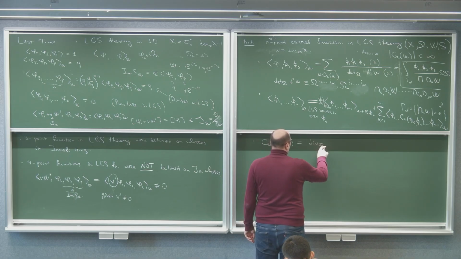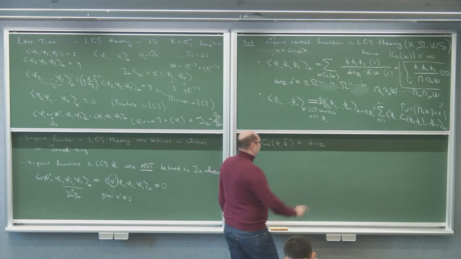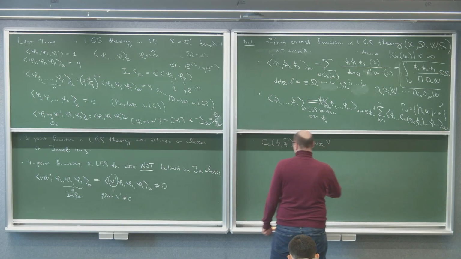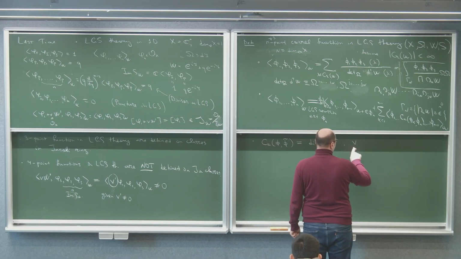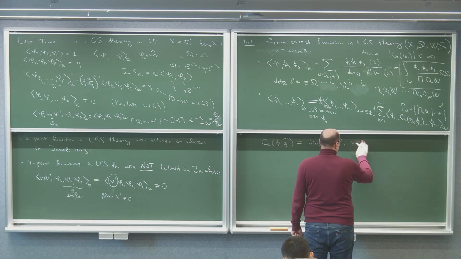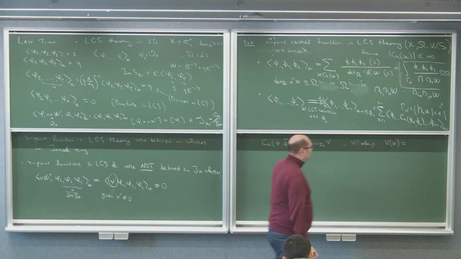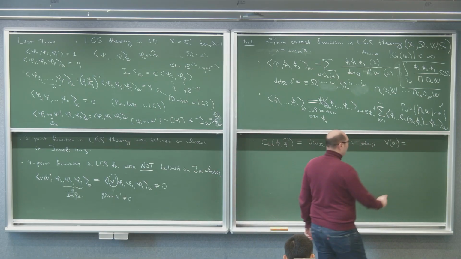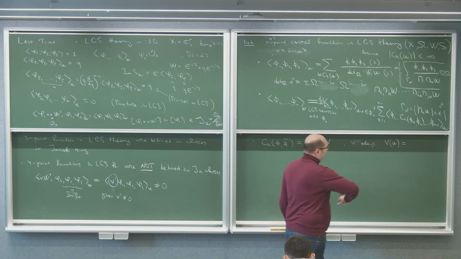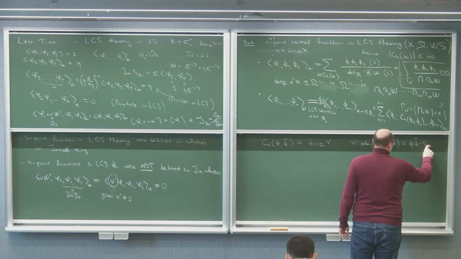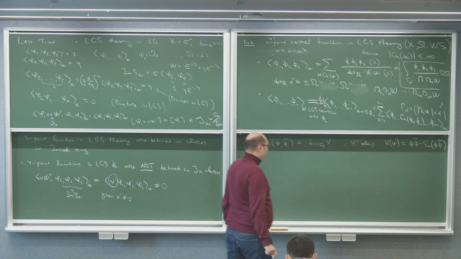It is the holomorphic divergence of a vector field V, and the vector field V obeys the following property: V applied to W, which is some holomorphic function, and this holomorphic function, which is trivial in the Jacobi ring, equals phi times phi tilde minus this section applied to phi.